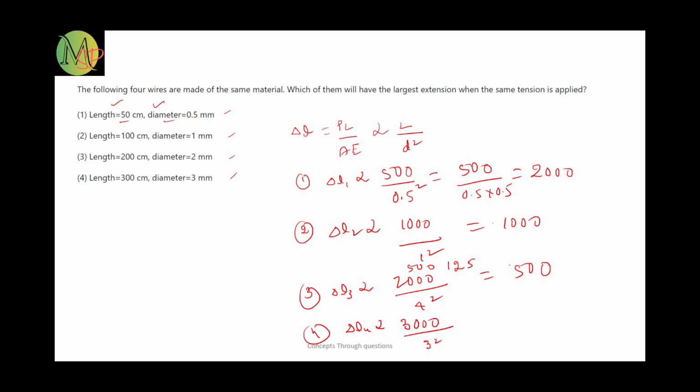And this one we are going to get around 333. Just check it, this first one is larger. Okay, so the answer is the first one. So the first wire shows the maximum extension. Clear?